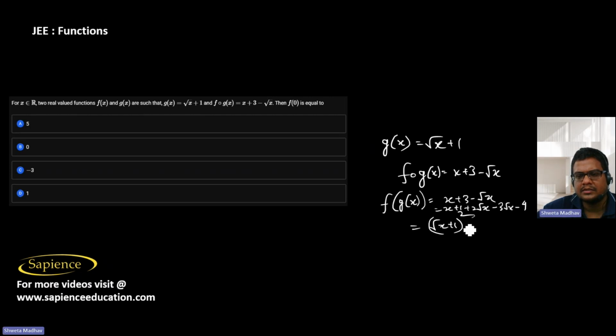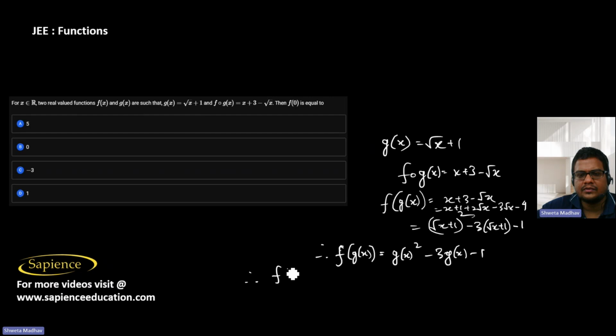It means I can write it as root x plus 1 whole square minus 3 into root x plus 1, then minus 1. So therefore f of g of x can be written as g of x whole square minus 3 into g of x minus 1. So therefore f of x will be equal to x square minus 3x minus 1.